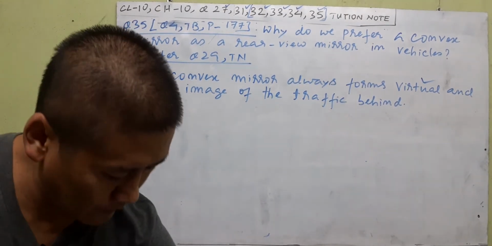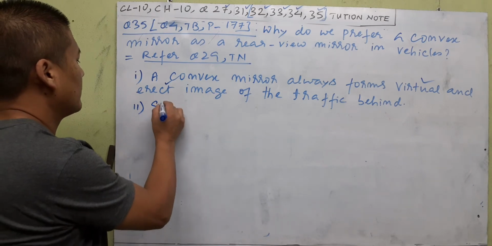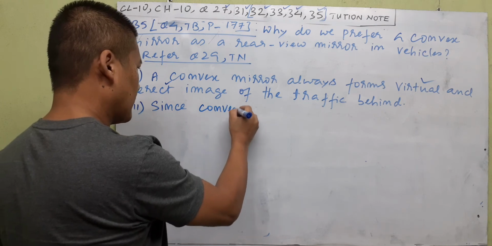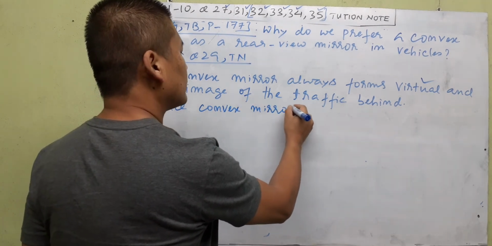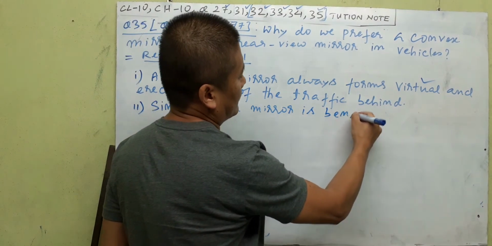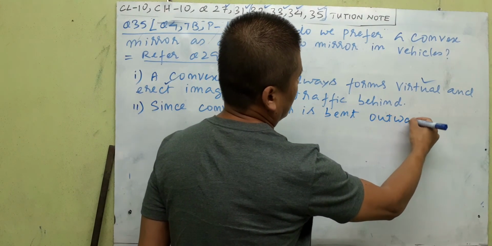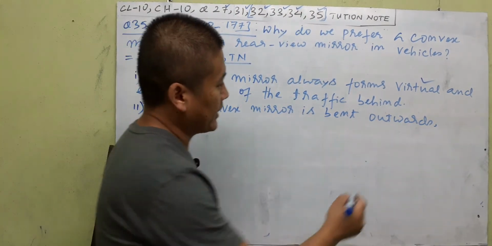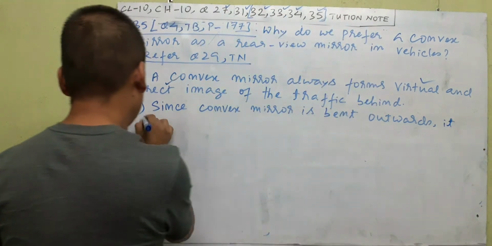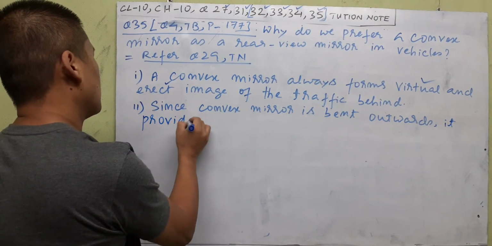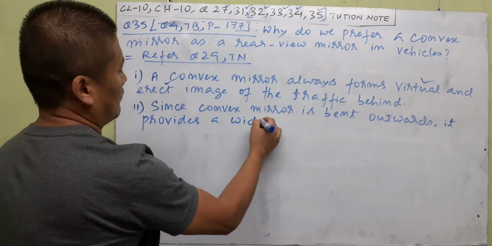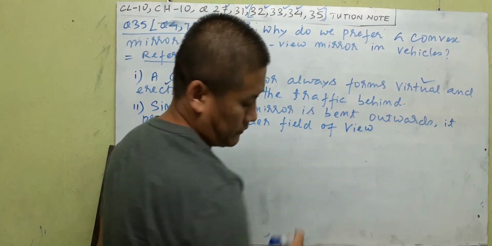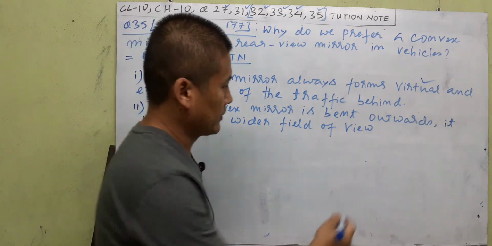Number 2. This is a very important point: since a convex mirror is bent outwards, it provides a wider field of view, meaning to observe the traffic.